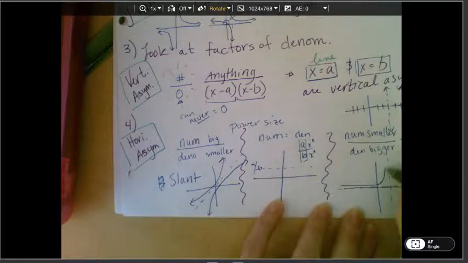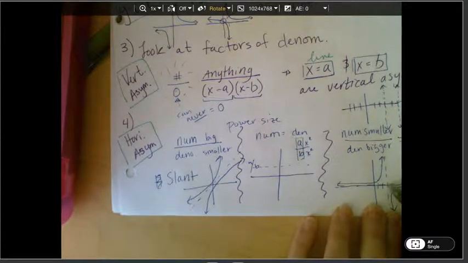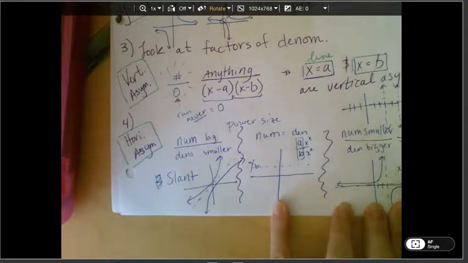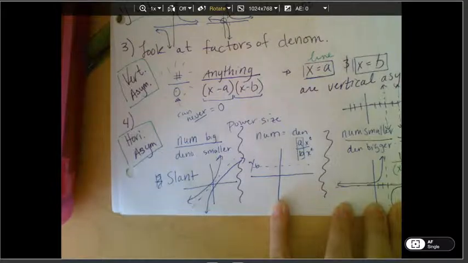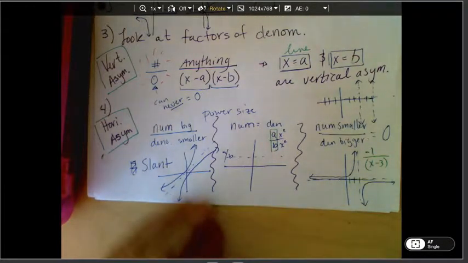Maybe it's also a negative 1. Say it does something like that. So this must have had negative 3 in the denominator, and maybe there's a 1, and then it's negative to flip the whole thing over. Oops, now you can see, sorry.